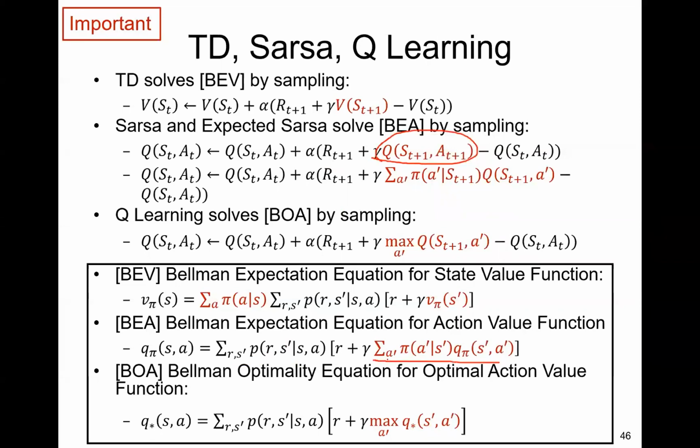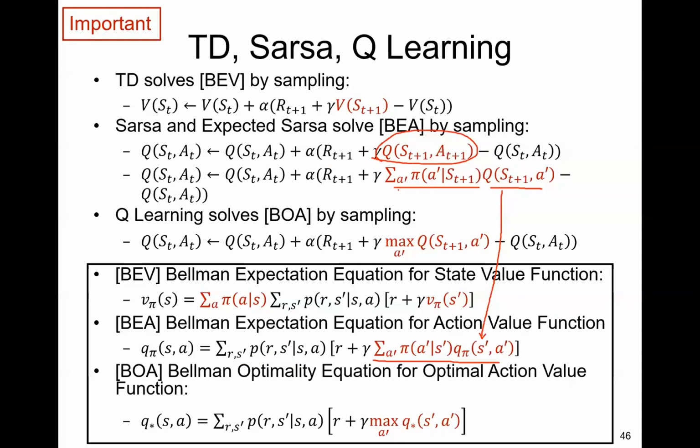So you're removing the sum over A prime. But for expected Sarsa, you're keeping it. So at every state, you're evaluating the expected value of the next Q. And this capital Q is only sampling the Q pi.